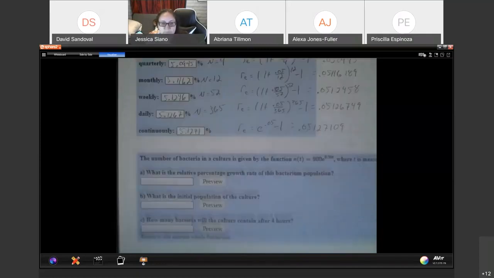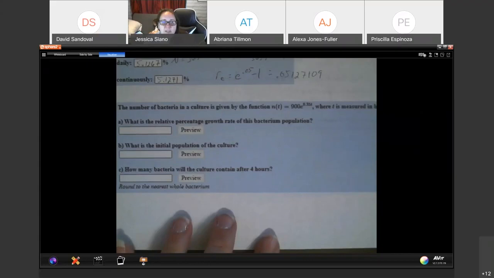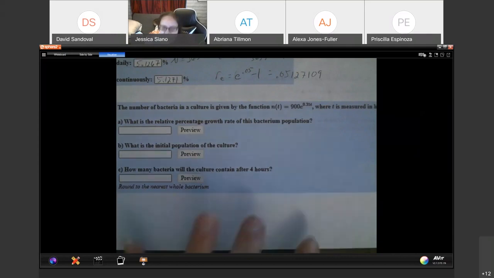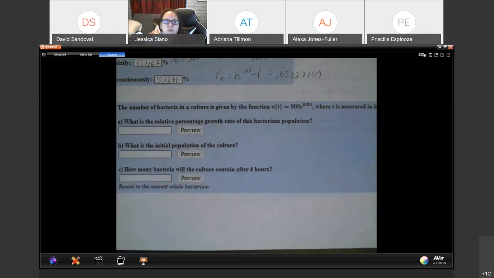Okay. The number of bacteria in a culture is given by the function 900 e to the 0.035t, where t is measured in hours. What is the relative percentage growth rate?